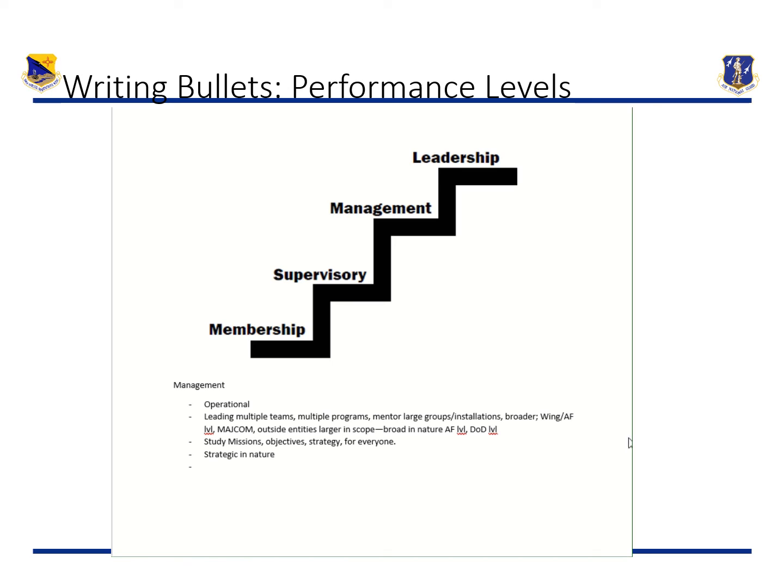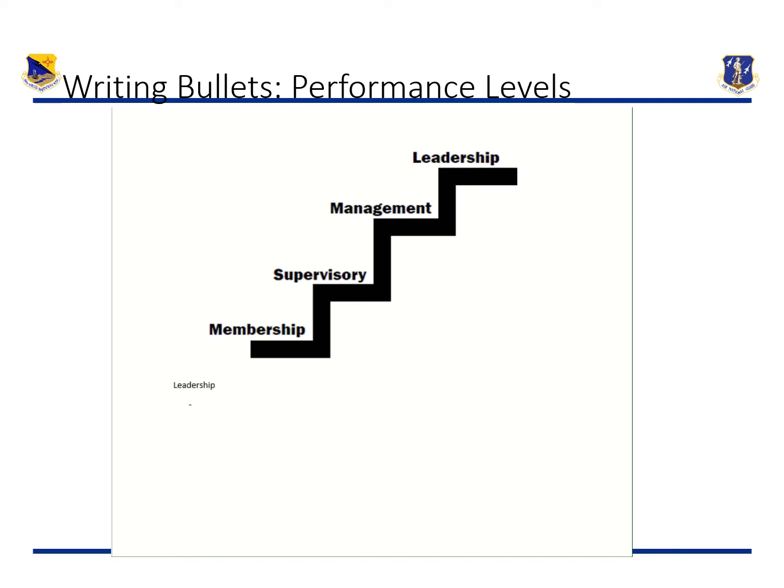And so last but not least, we're going to cover the leadership level. The leadership level is not really tied to any rank or any particular duty. Anybody can achieve or perform at the leadership level. And that's why I said at the beginning, do not associate the performance levels with performance in itself.